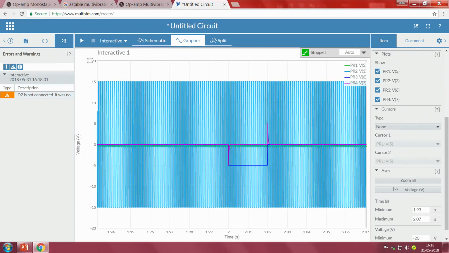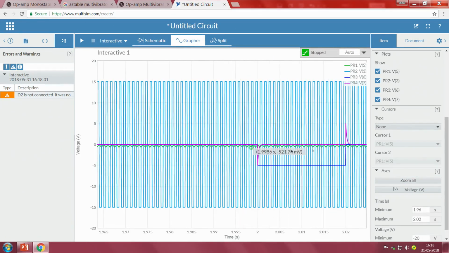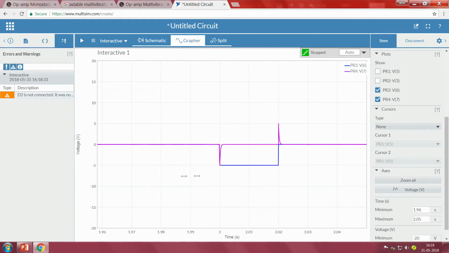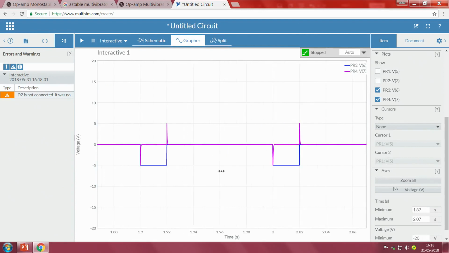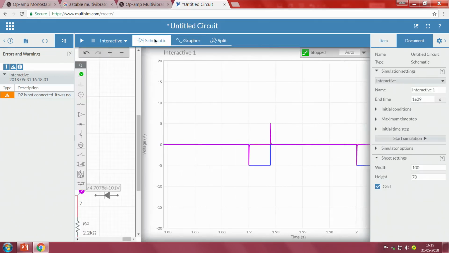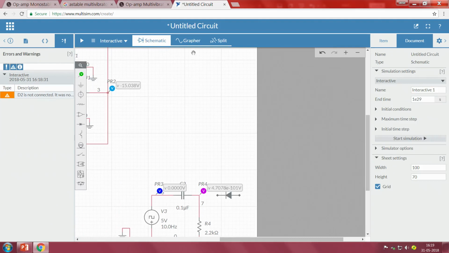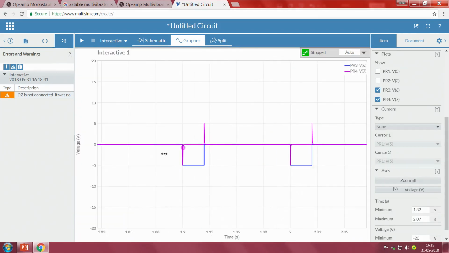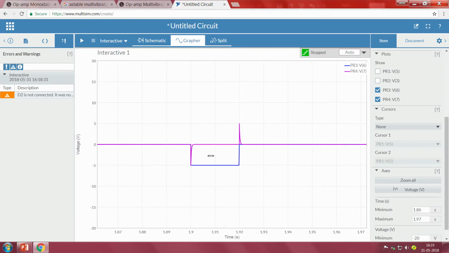So, observe here. I do not need the other two, so I will make the other two 0. When we observe, PR4 is the input. The blue color is the input and the pink color is the output.